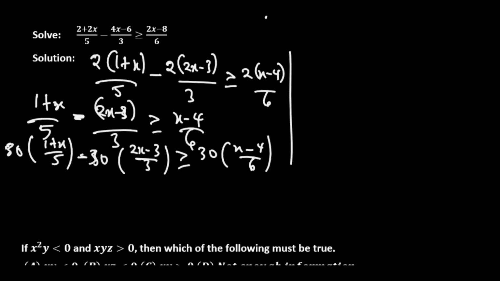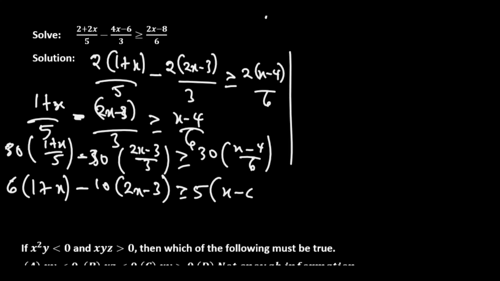So we have 6 in bracket 1 plus x minus 10 in bracket 2x minus 3 greater than or equal to 5 bracket x minus 4.